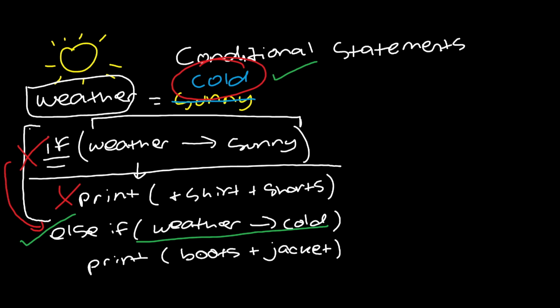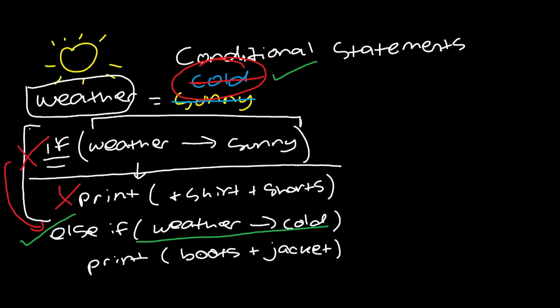So if we were to actually code this program, print boots plus jacket, or print some sort of statement where it says you should wear boots and a jacket would be printed. Now let's say instead of that we say, okay, our weather isn't actually cold anymore.